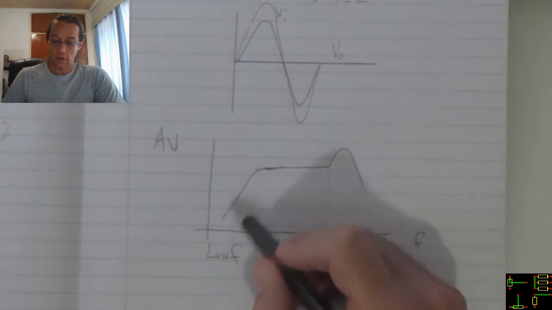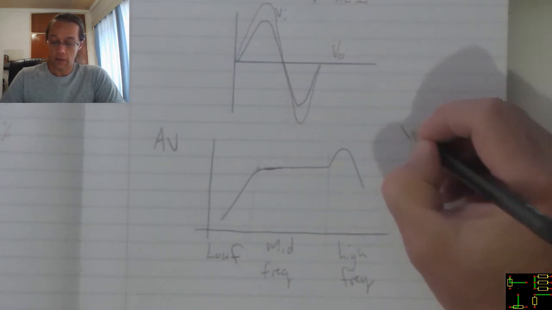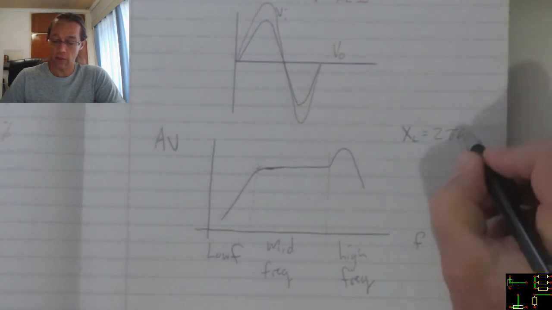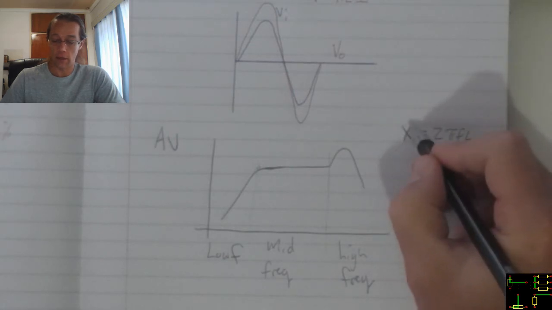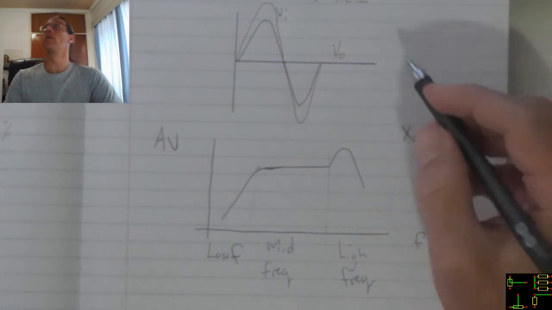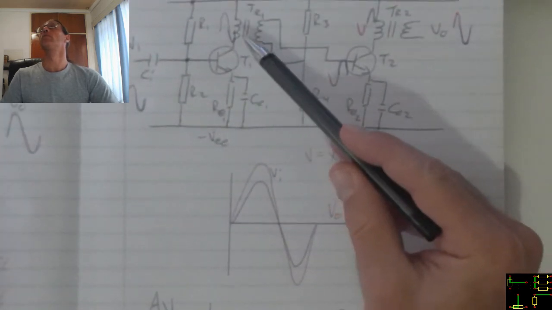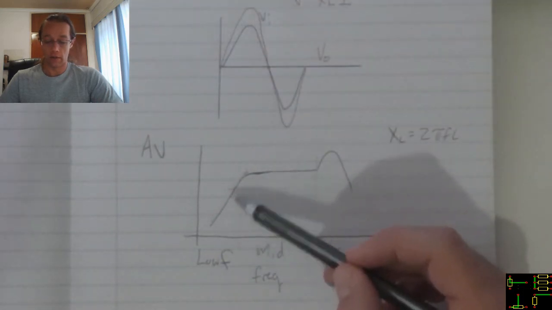At low frequencies, remember, XL equals 2 pi FL. So if my frequency is low, I will have a low reactance, and as a result my coils on the transformer will develop a low reactance.